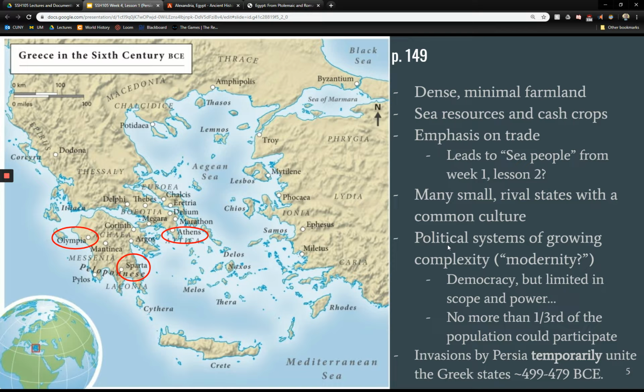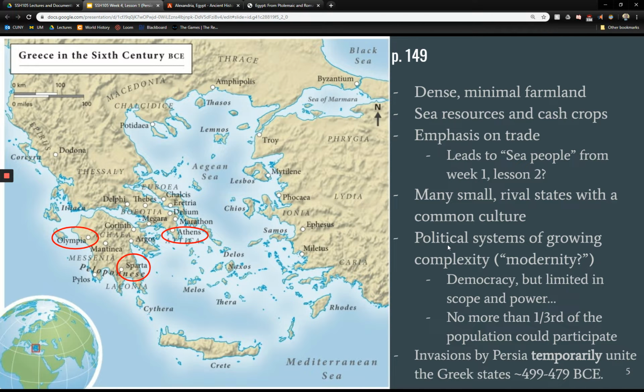There is a shared culture among many of these states, shared language, shared belief systems, or kind of emergent belief systems. So although Greece is fragmented, it does still have a lot more in common with itself than with, say, the Persian Empire. And this is important.